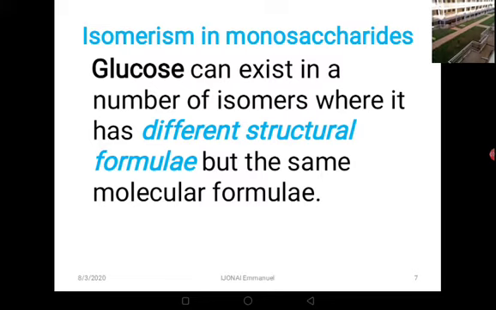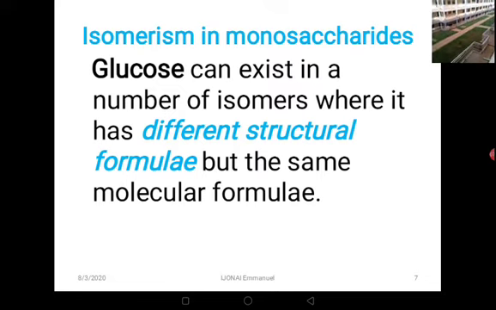You can find the same compounds having the same molecular formula but different structural formulae. That is called isomerism.